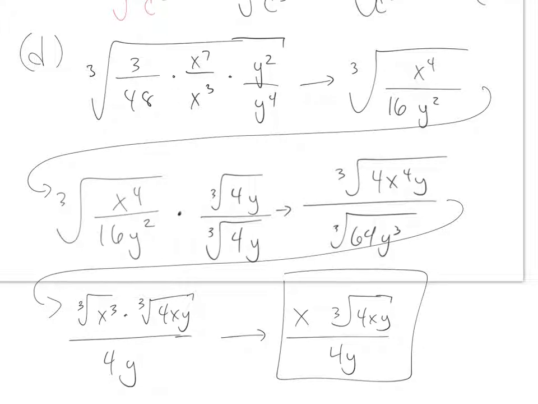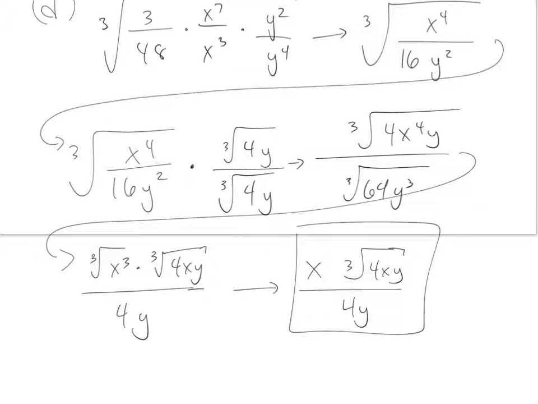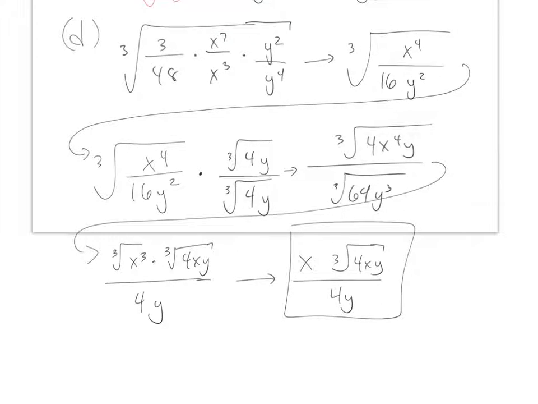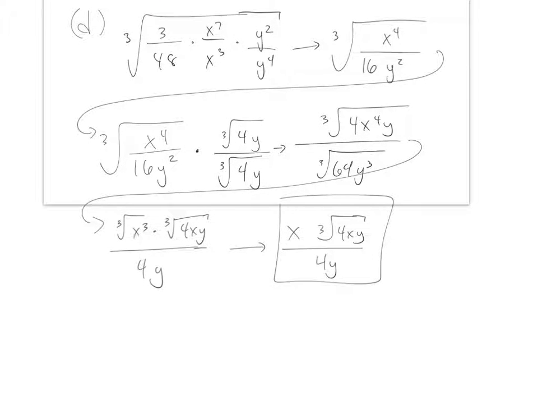Now, again, I mentioned this yesterday, I'll mention it again, and I'm doing this on purpose, not to be annoying, but to emphasize it. This may not be the way you see it. You may see this as a fractional coefficient of x over 4y times the cube root of 4xy. It's the same exact thing, isn't it? Think of x over 4y as a coefficient, like a fraction, and then since this is in the numerator, you can put it by itself because it's really over 1.